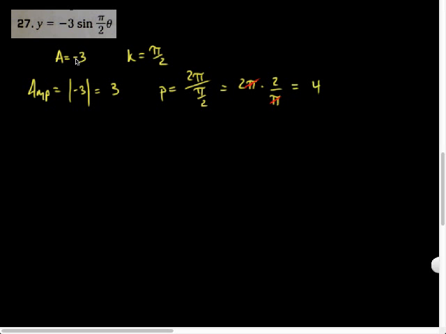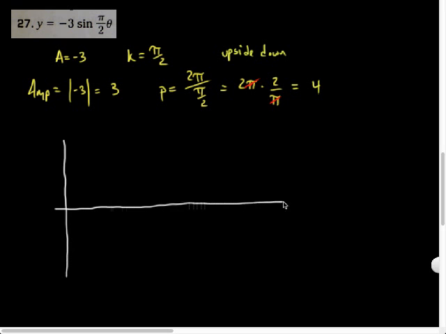And one other thing I want to point out, because the value of A was negative, this is going to be upside down or flipped. Right? Just like flipping a parabola sort of thing. So, to graph this, our amplitude is 3, so we're going to go as high as 3, as low as -3. Our period is 4.